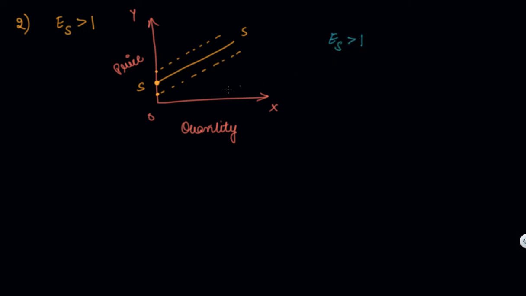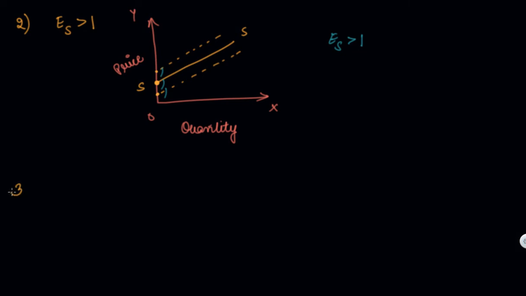A straight line upward sloping supply curve shooting from your y-axis always shows elasticity of supply greater than 1, irrespective of the angle it makes, right?